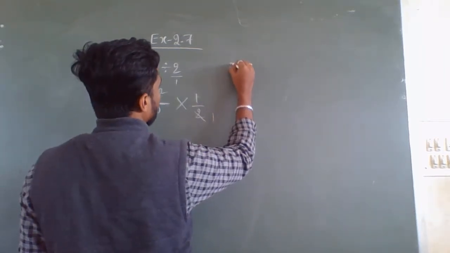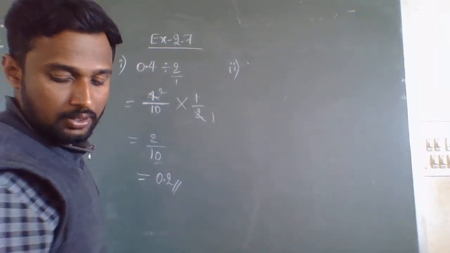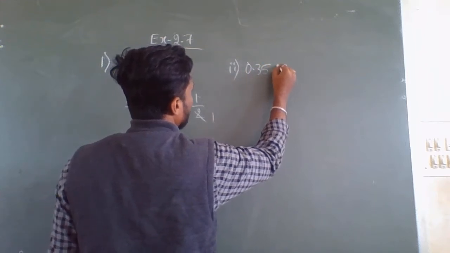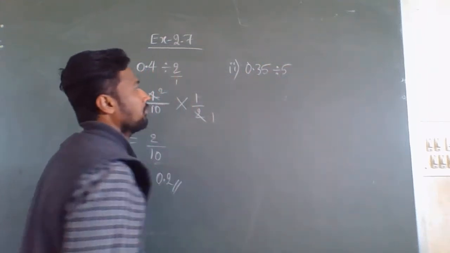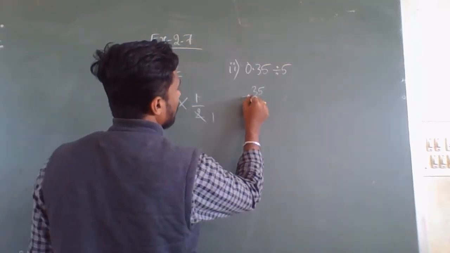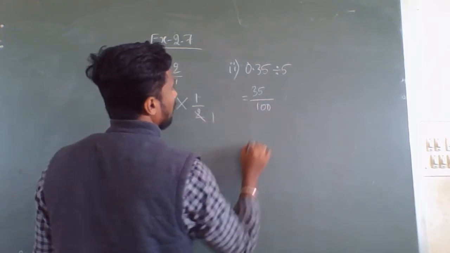Next, second one, 0.35 divided by 5. Okay. So now I will convert this 0.35 to fractional number. So 35 divided by 100.